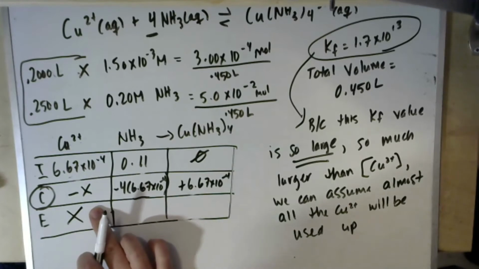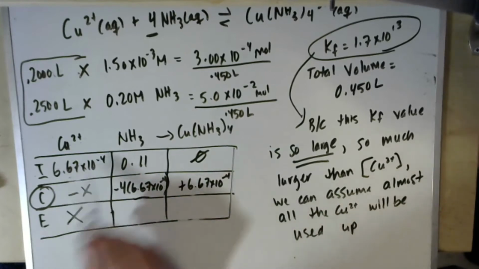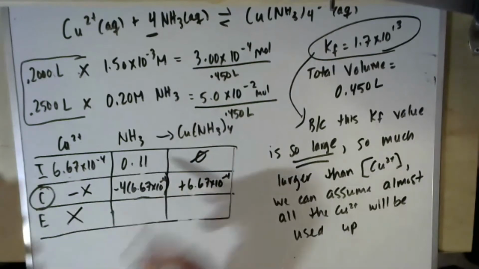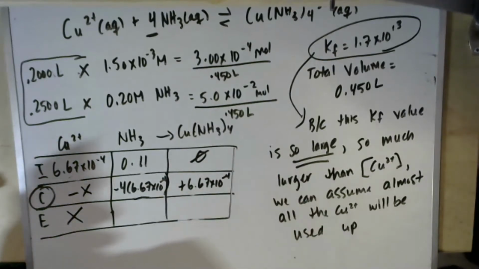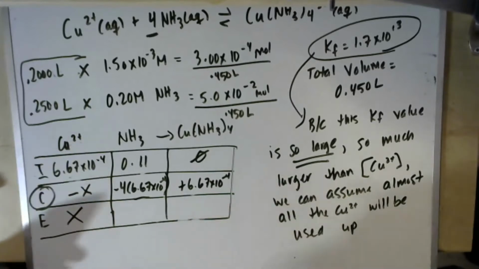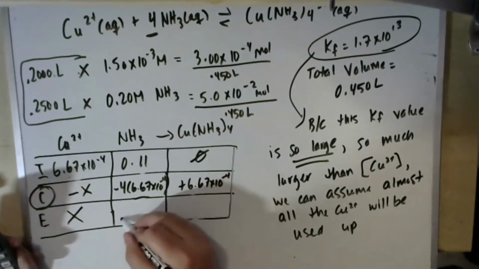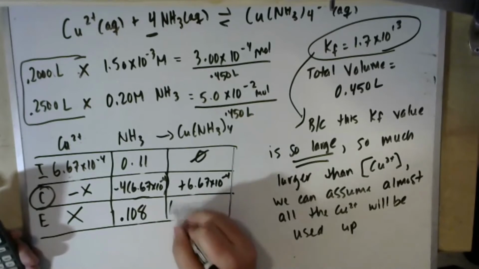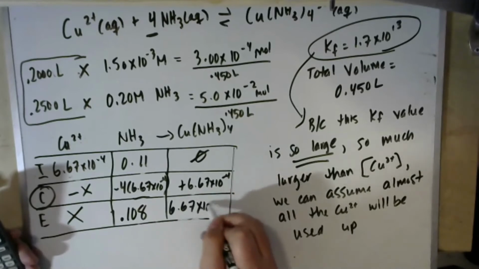It's going to be very tiny, but we don't know what it is. We subtracted almost all of it back out. There's going to be a little bit that's left over. So first we're going to take our 0.11 and subtract 4 times 6.67 times 10 to the negative 4. Okay, and we're going to get 0.108. Then over here we're going to get 6.67 times 10 to the negative 4.